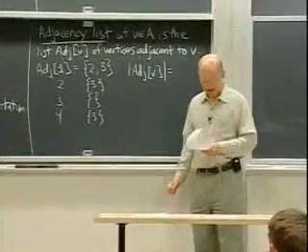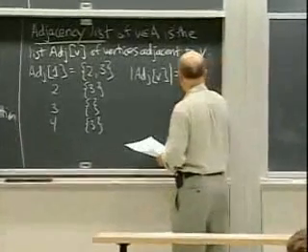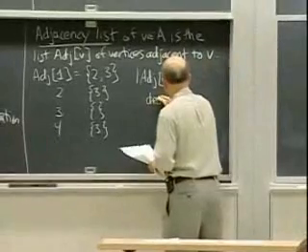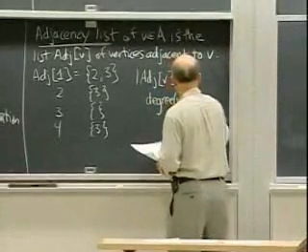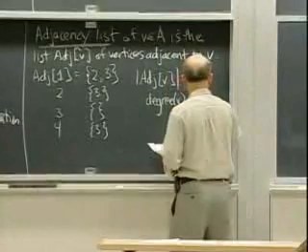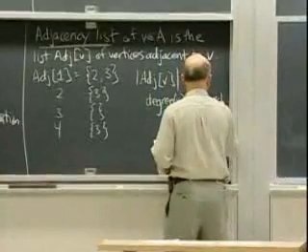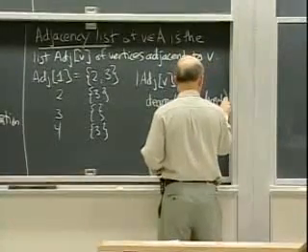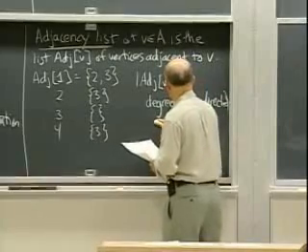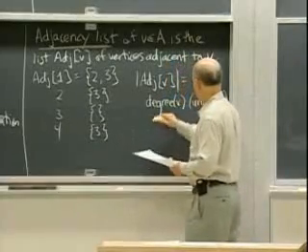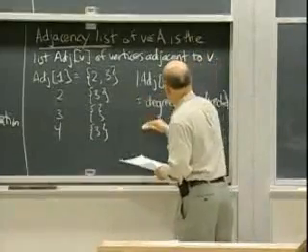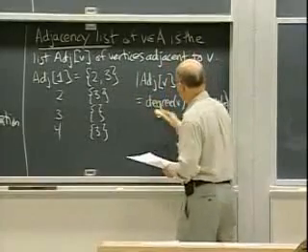It's the degree. So in an undirected graph, we call it the degree of the vertex. This is undirected. So that's in an undirected case.